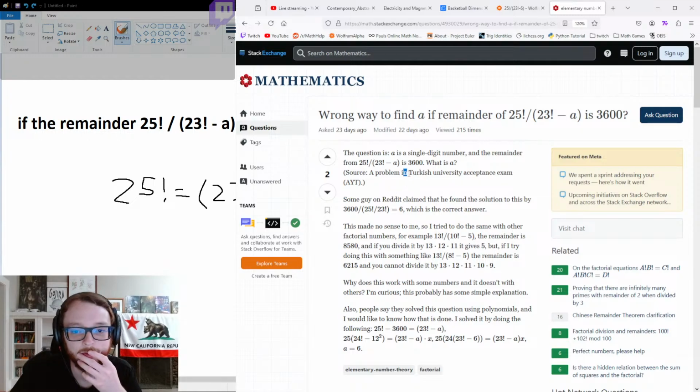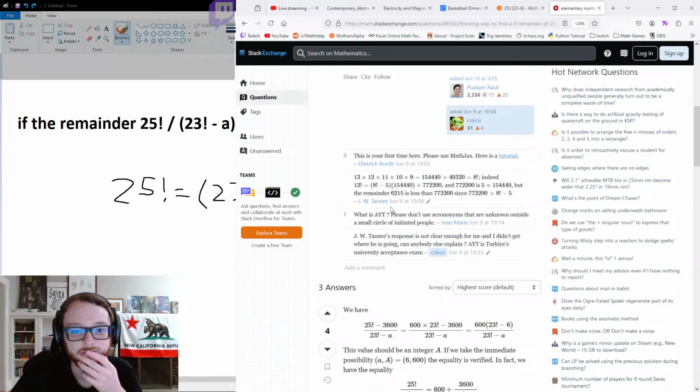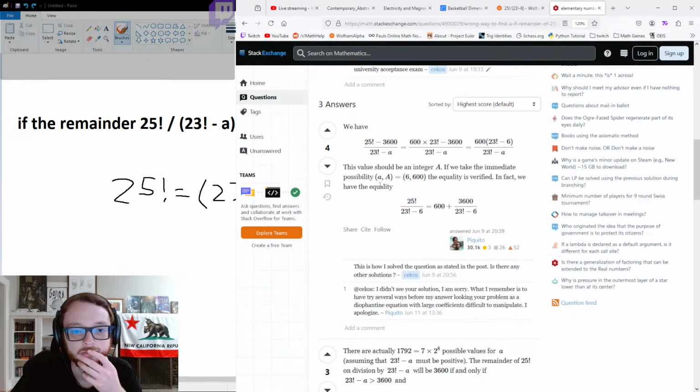Oh, this one is saying the AYT. Hmm. Factorial minus, you set up this thing, which you know is an integer.